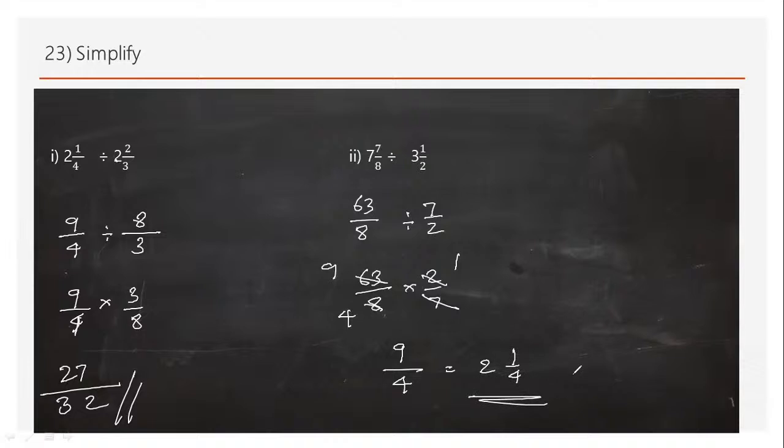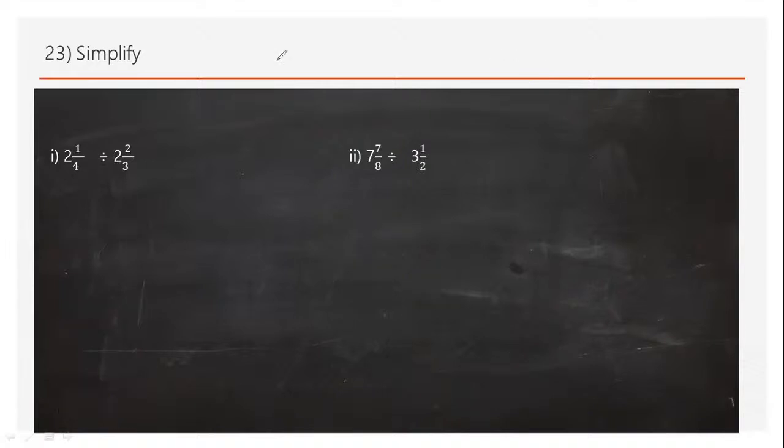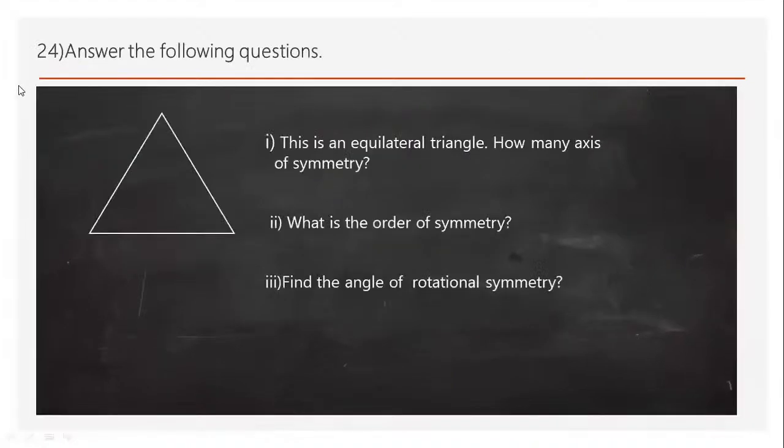Twenty-three. 24. Answer the following questions related to this regular polygon. All three sides are equal. This is an equilateral triangle. How many axes of symmetry here? 1, 2, 3. 3 axes of symmetry.